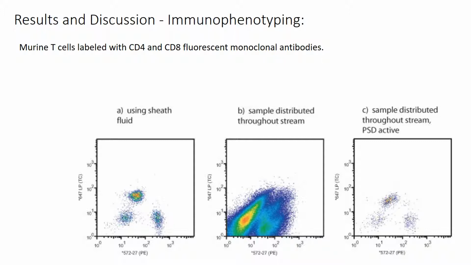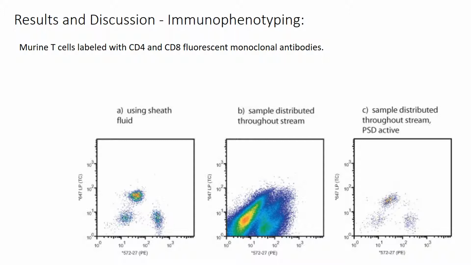As discussed before, the fluorescent scattering was assessed by the two detectors. Picture A on the left shows the result from traditional flow cytometry. Picture B in the middle and picture C on the right show the result from virtual core flow cytometry.